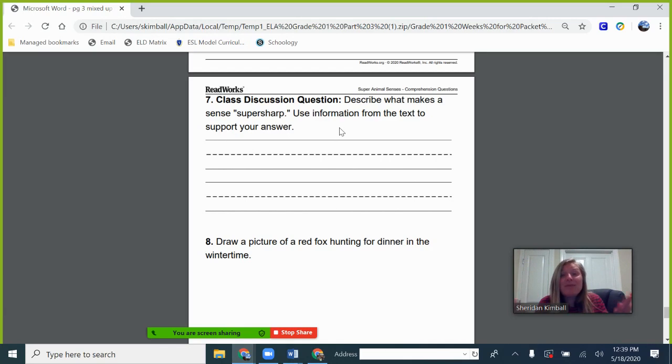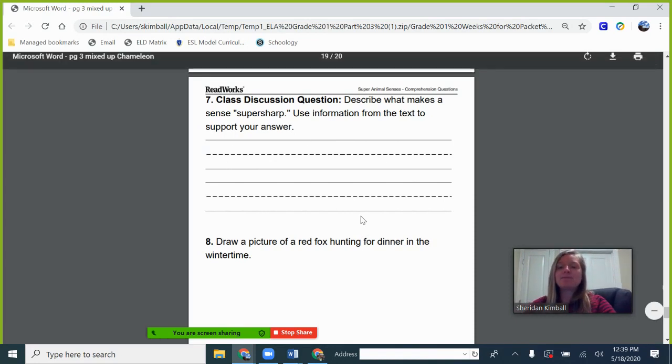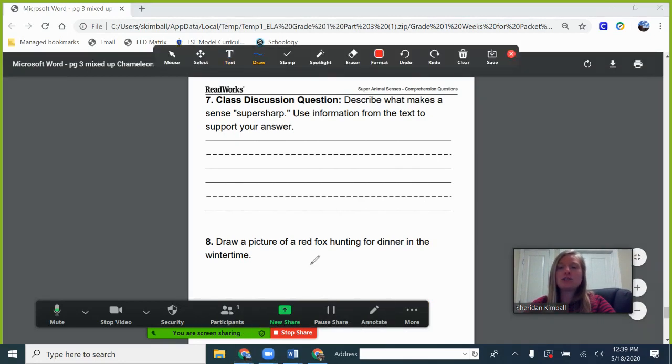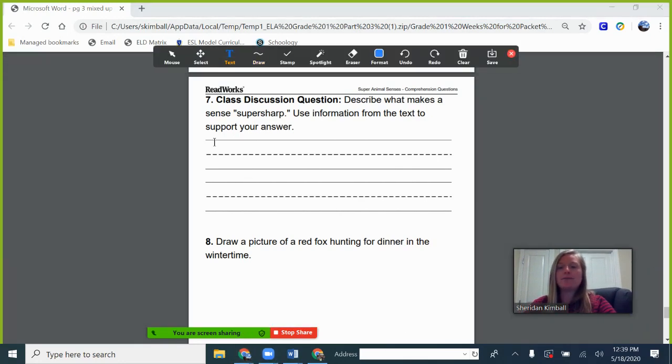What did I say makes it super sharp? Is it the best or is it not so good? If something is super sharp, is it the best or is it not so good? So Miss Kimball is going to write those words on the line for you to use to help you. That is what you need to write.